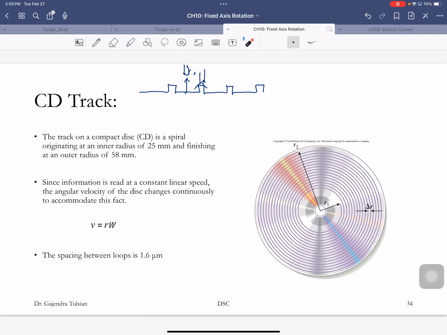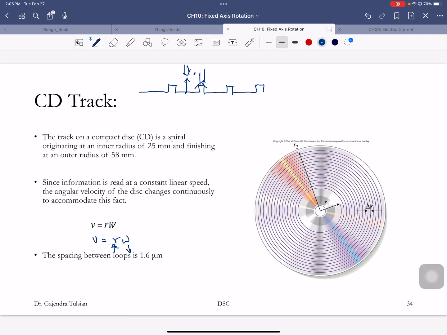The further out you are, omega has to change because you want to keep the speed at which it goes under the laser constant. So V equals R omega. As R increases, omega has to decrease. So you have to have a variable speed motor. Did you guys understand that?